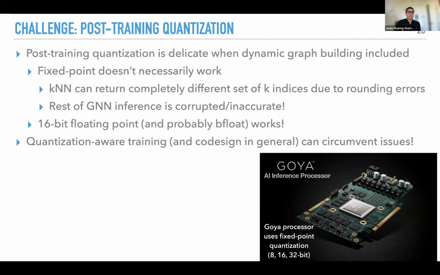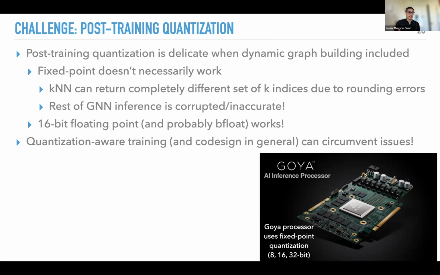So far, we've seen that 16-bit floating point seems more promising, and probably 16-bit bfloat will work even better. Right now, we've been able to successfully train using this 16-bit floating point. So this is one issue, which is that in a lot of these new platforms, quantization is assumed to work really well, because it does, out of the box for CNNs.